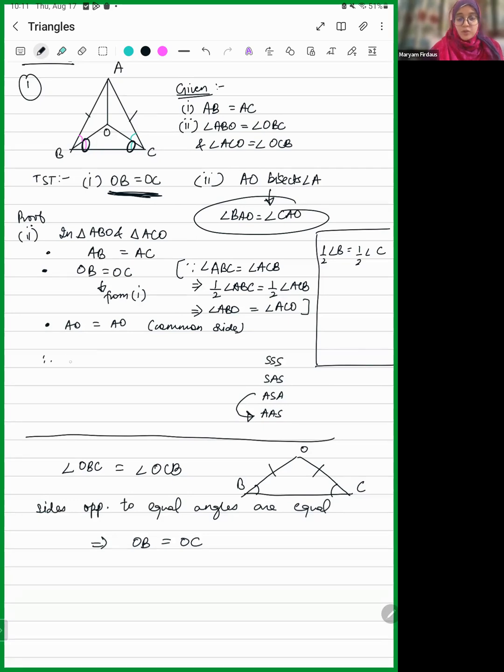So therefore, by which rule are they congruent now? By SSS rule, they are congruent. We can also do SAS now, but we can do any of those. Triangle ACO.